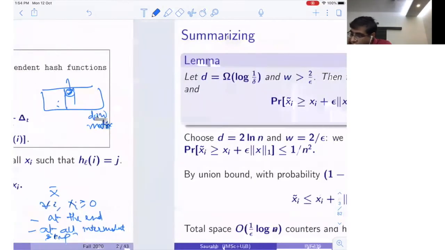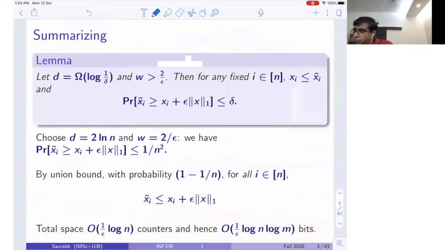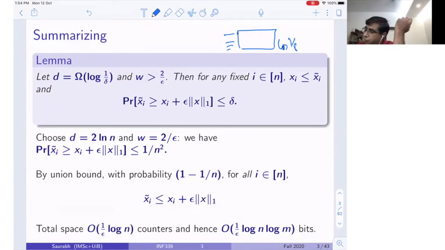Summarizing, what we proved is that if you take roughly log 1 over delta hash functions, then for each coordinate i, the estimate xi tilde is within epsilon times the one norm of x, with high probability.